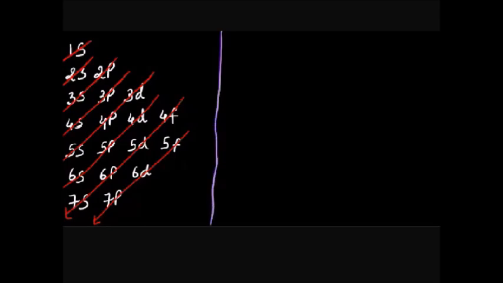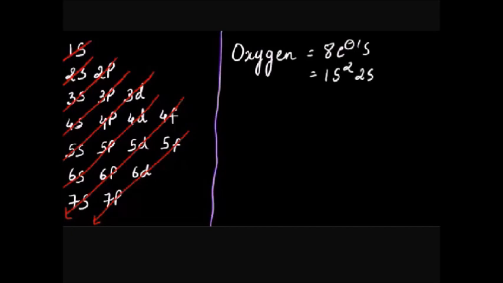Let's take oxygen as an example. Oxygen is known to have 8 electrons. The electronic configuration is written as 1s2, then 2s2, then comes 2p, which has 4 electrons. Now let's draw out the orbital diagram for oxygen.